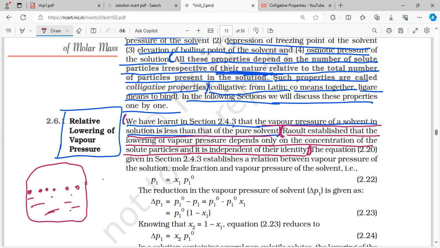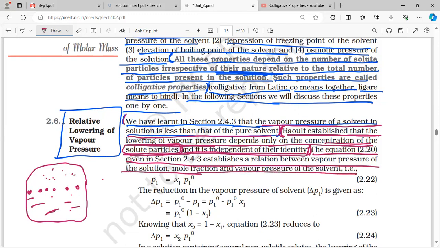Raoult's law says the lowering of vapor pressure, whatever the decrease in vapor pressure of the solution, depends only on the concentration of solute particles, and is independent of their identity, that is, nature. This decrease is based on the solute particle only. The equation 2.20, we have to see this one, given this established relationship between vapor pressure of the solution and mole fraction.